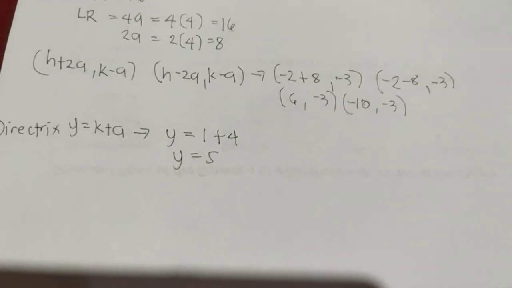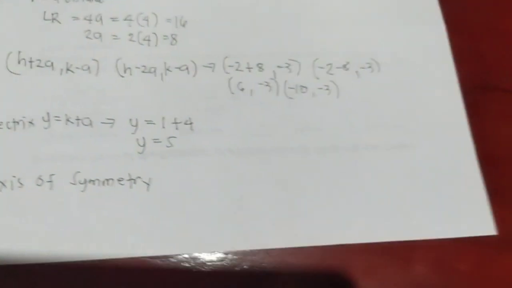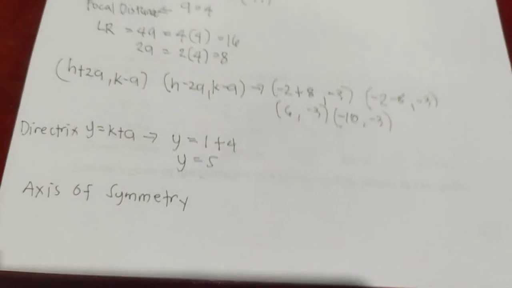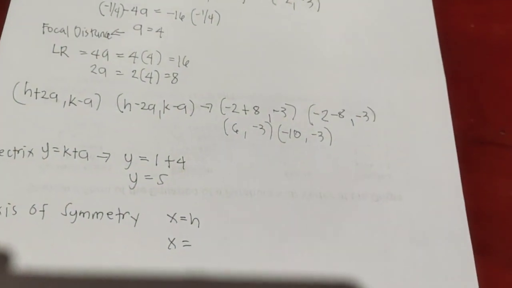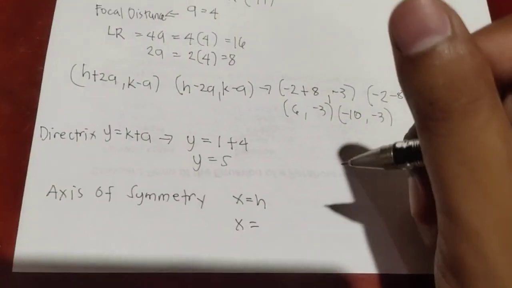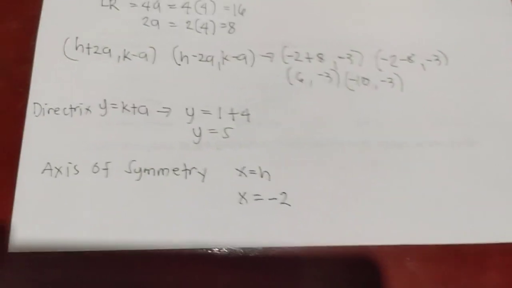And for our axis of symmetry, the axis of symmetry of the parabola that opens downward is x is equal to h. Our h here is negative 2. So therefore, the axis of symmetry is x is equal to negative 2.